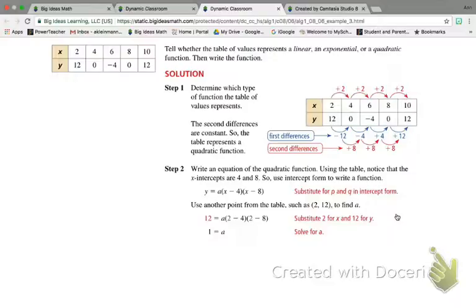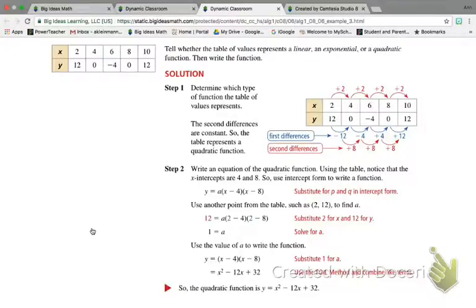Now that we know that a is equal to 1, use the value of a to write the function. Substituting in 1 for a, use FOIL and combine like terms. So the quadratic function is y is equal to x squared minus 12x plus 32.